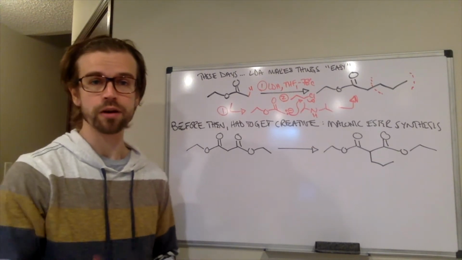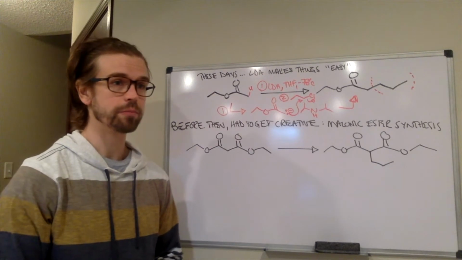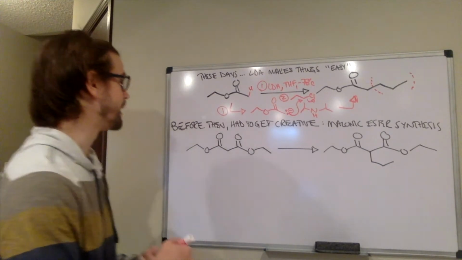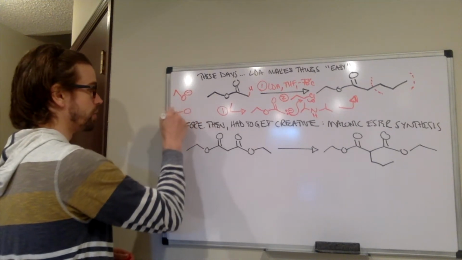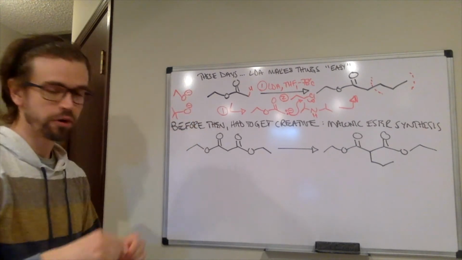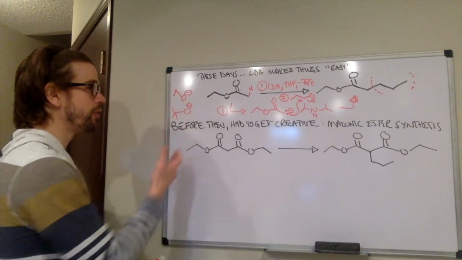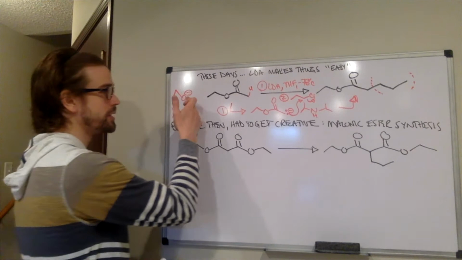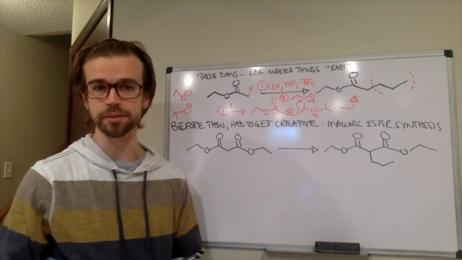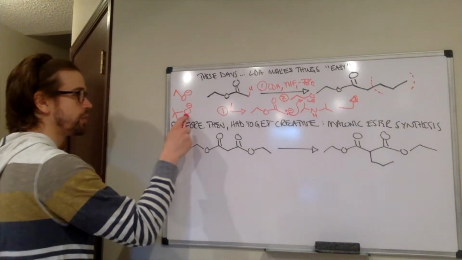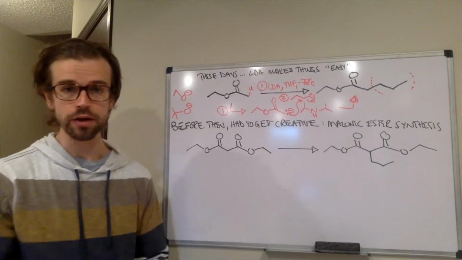How else could we do this? We could theoretically do this with a weaker base, like ethoxide, so something like this, or potentially try tert-butoxide. But what did we say earlier? We said earlier that the conditions to do that are really kind of challenging, because if you mix ethoxide with that alkyl halide, they can just react in a substitution reaction. If you mix this tert-butoxide with that alkyl halide, they can just react in an E2 reaction.